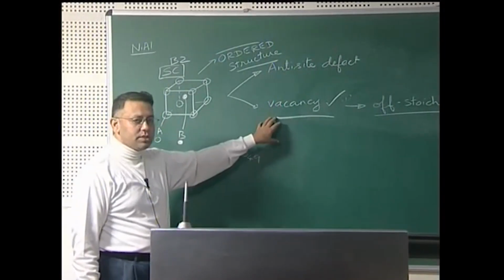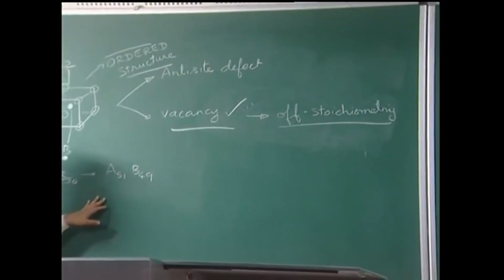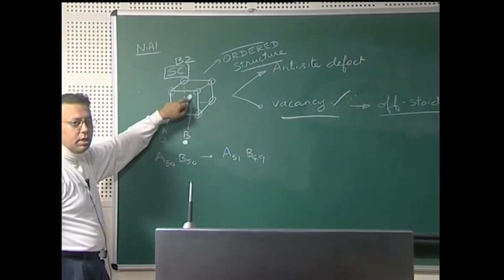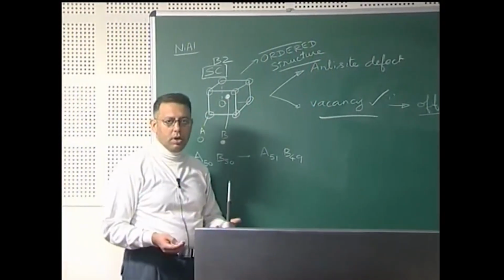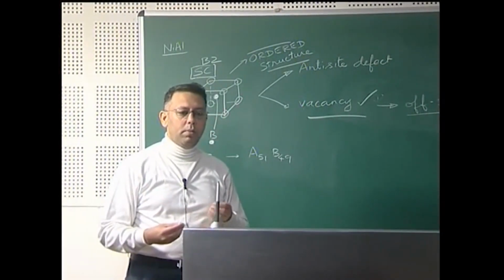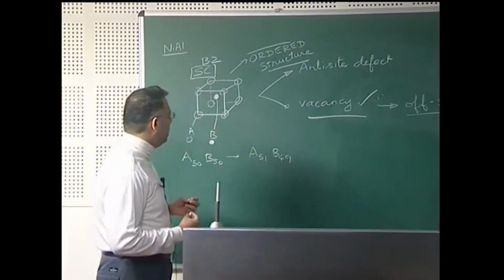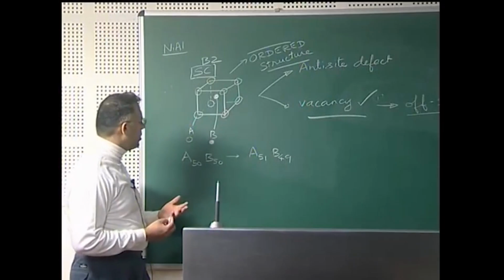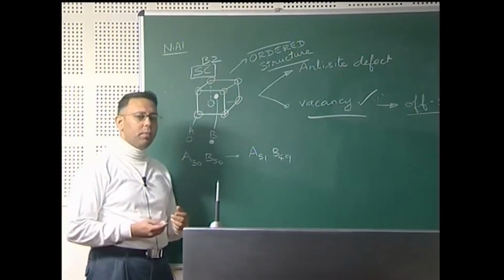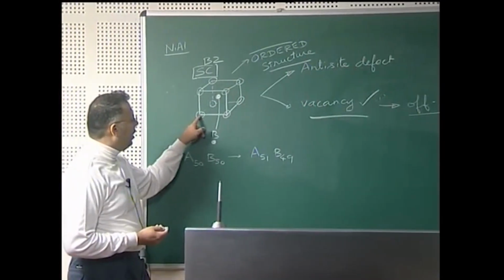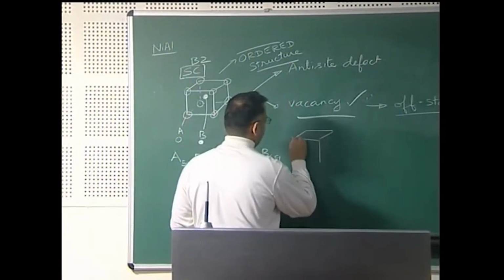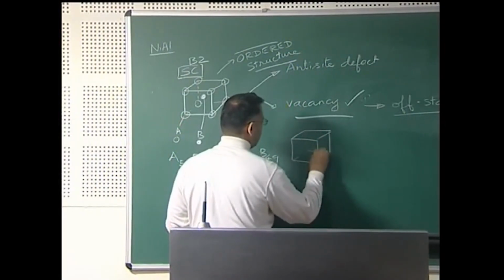This vacancy is there because of off stoichiometry, and if this vacancy has been put in the B sublattice and I am talking about vacancy diffusion or atomic diffusion as the mechanism or property under consideration, then in a completely disordered system, A and B sublattices would be equivalent and some of these would be vacant, giving rise to thermal vacancies. I can schematically represent a disordered unit cell as follows.